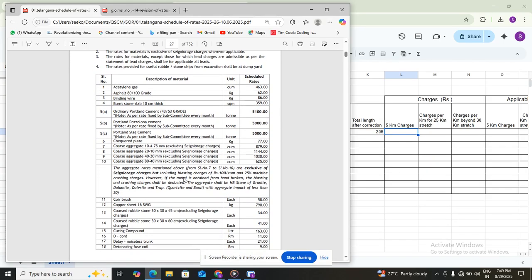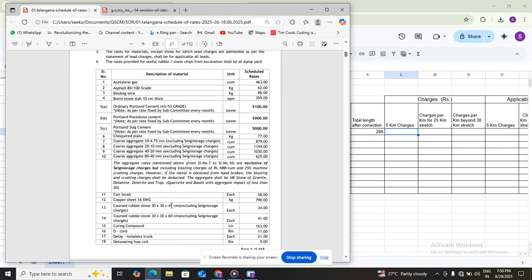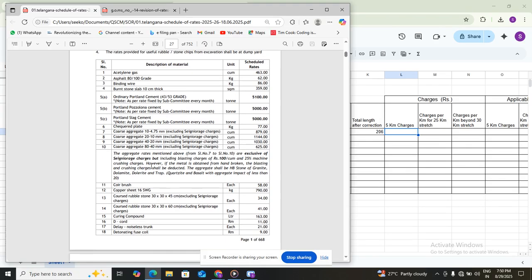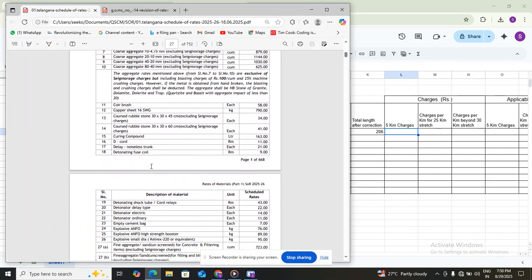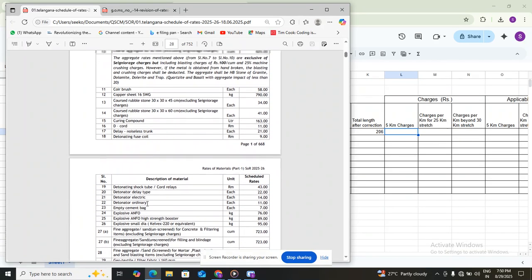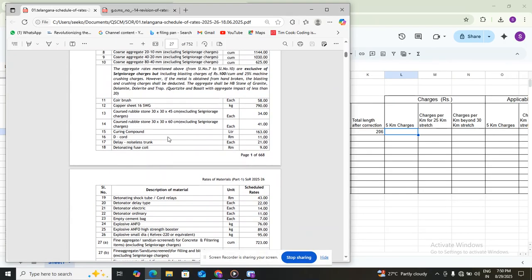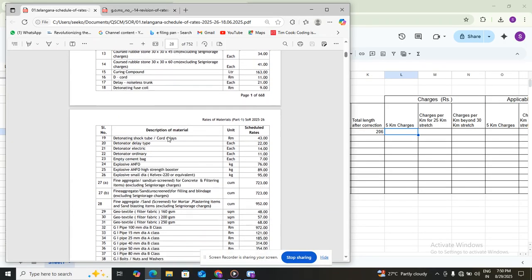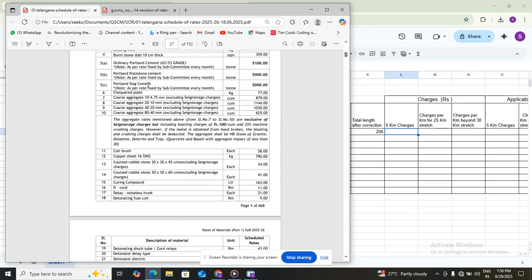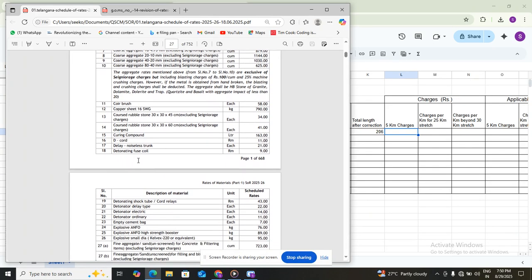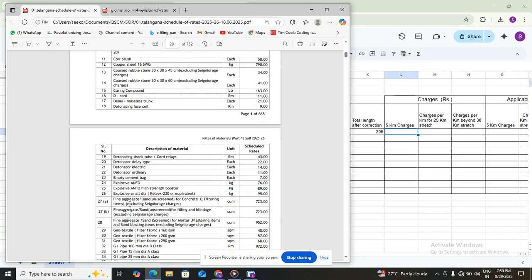We need to see here. 27A fine aggregates and unscreened for concrete and filtering items excluding CNRS charges.